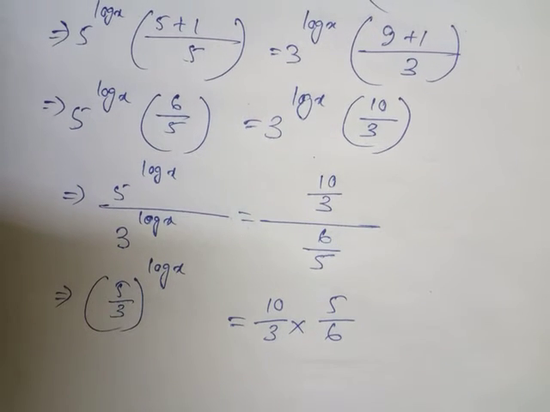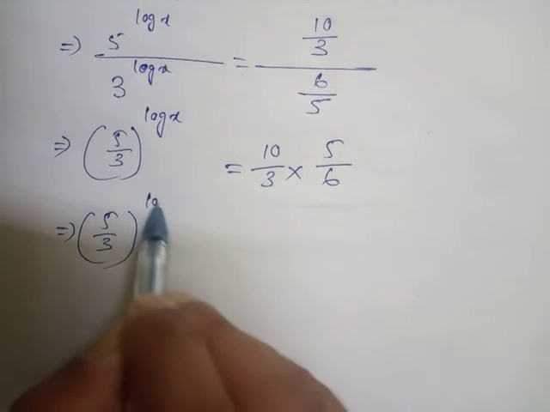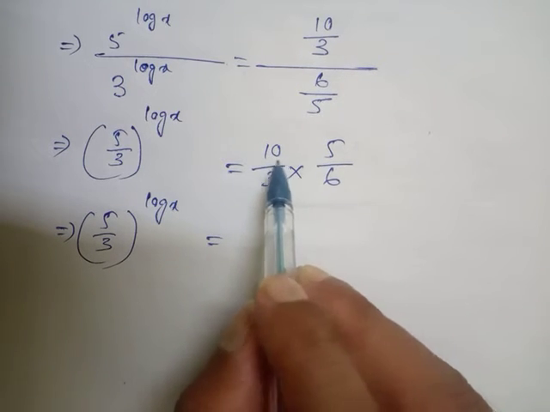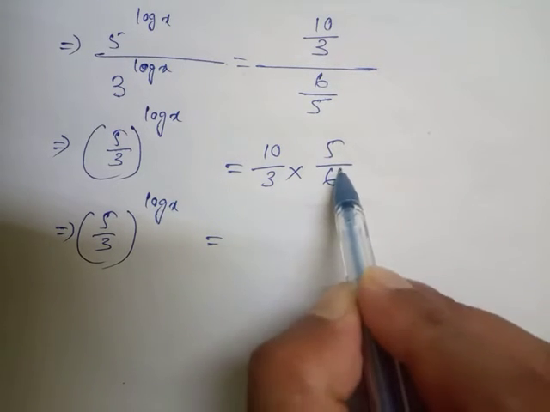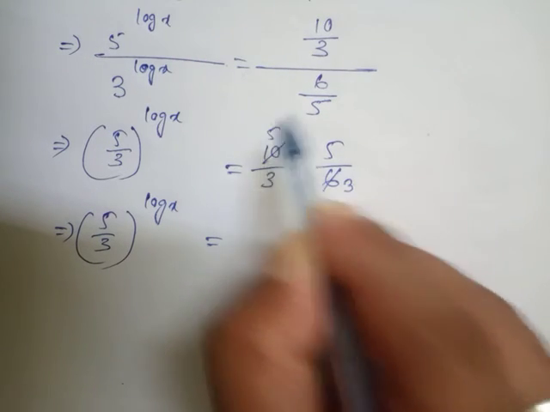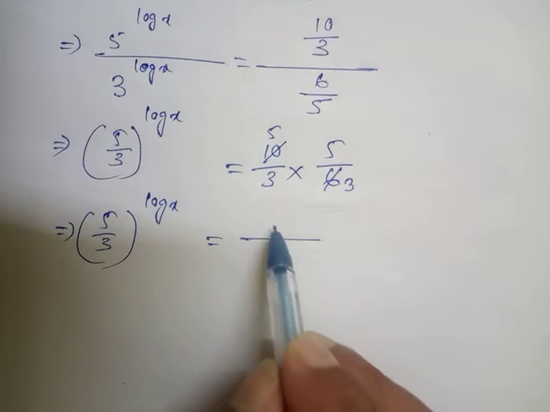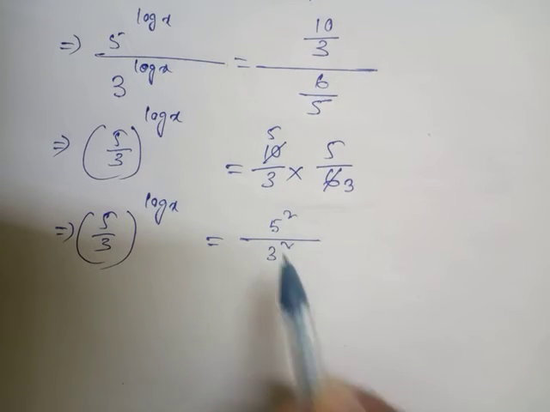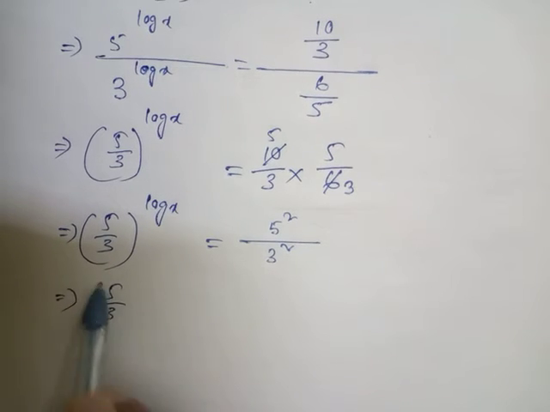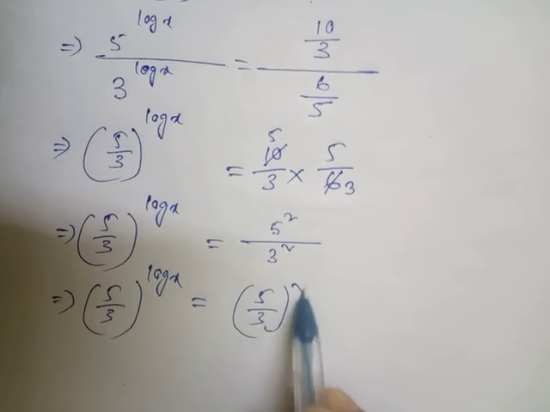Now look here, 5 by 3 whole to the power log x, and there is 10 and 6, multiple of 2, so there is 3 to the 6 and 5 to the 10. Look here, there is 5 into 5 and 3 into 3, which means 5 square and 3 square. Next line will be 5 by 3 whole to the power log x, and 5 by 3 whole square.